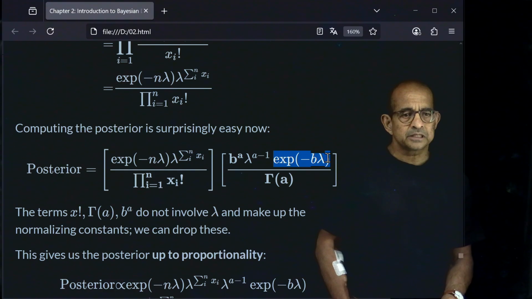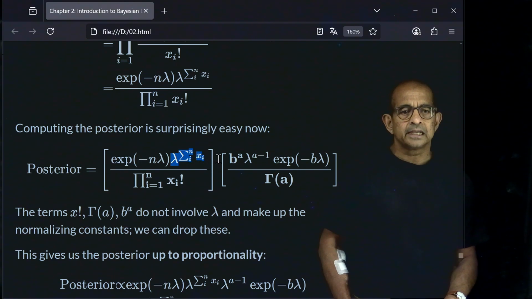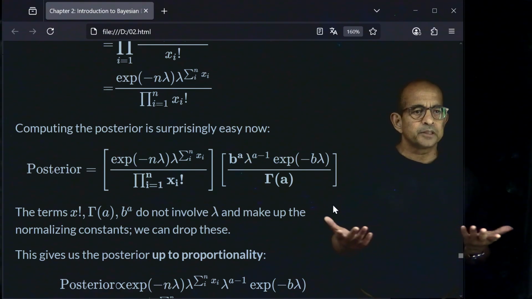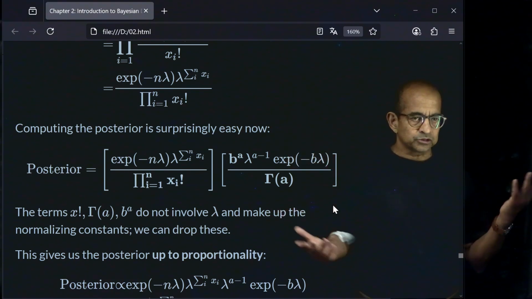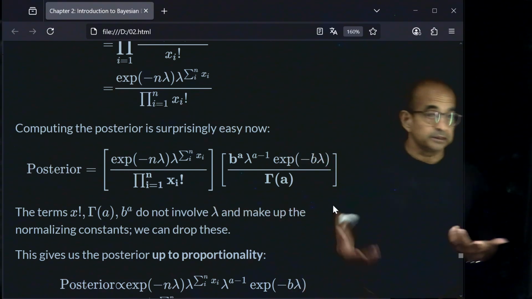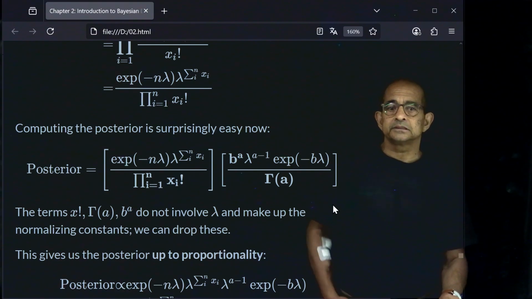So these terms are being multiplied together. Similarly, there is a lambda term here, and a lambda term here, and these are being multiplied together, right? So this should remind you of the beta binomial case. In the beta binomial case, we had the thetas and the 1 minus theta, and we were just multiplying those out and getting the posterior. Same thing's happening here. Okay, so let's just see how this goes.